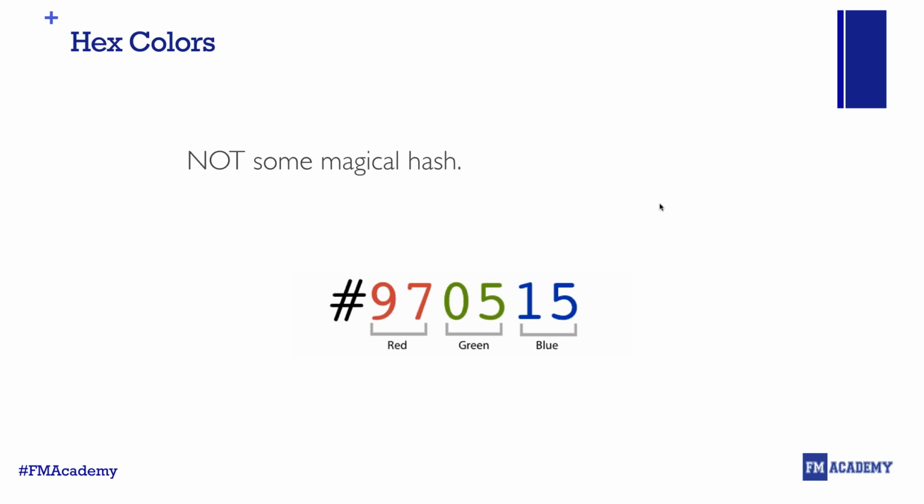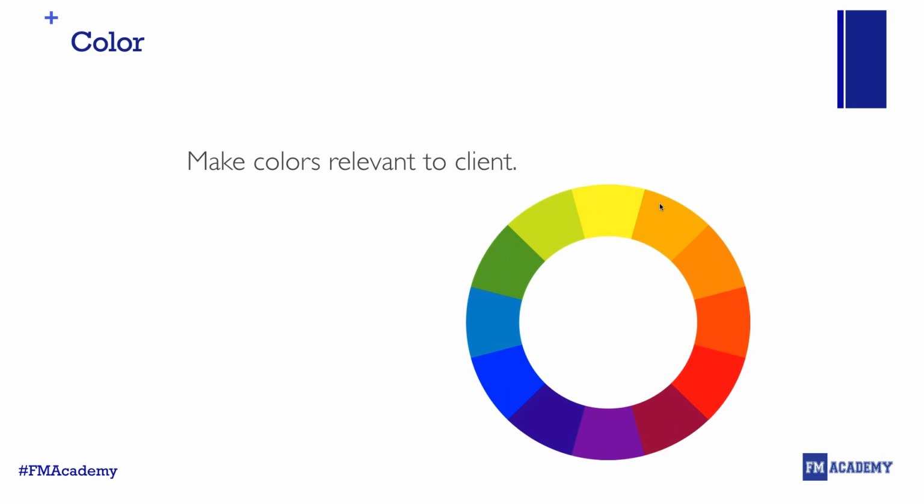I've used digital software for the longest time, and I used to think it was some magical hash that every color was assigned. I knew that white was FFFFFF and black was 000000, but beyond that, I didn't really know or even spend time to figure out what these colors mean. But I think that if you know what they are, it can actually help you a lot.